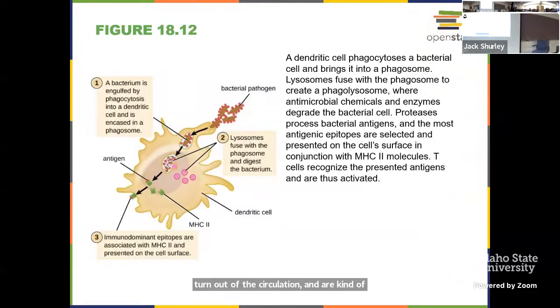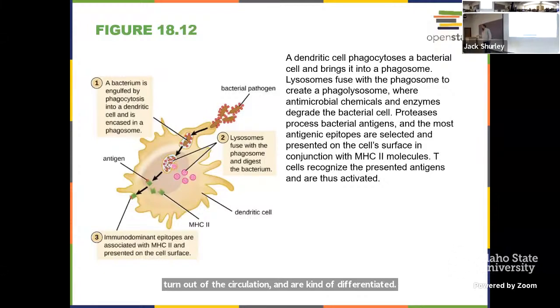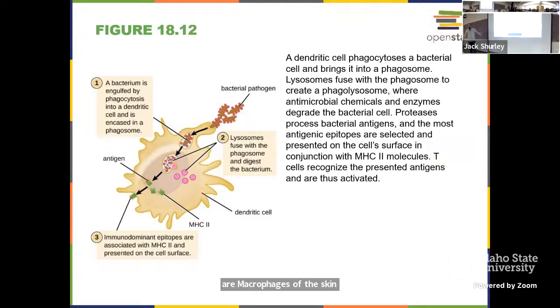We've mentioned macrophages with the potential for a handful of different names based off of where they might be. Dendritic cells basically are macrophages of the skin. We treat them as kind of separate things, but it's really just where they're existing. So they've got the potential to engulf something, to phagocytize it, to process, to present.